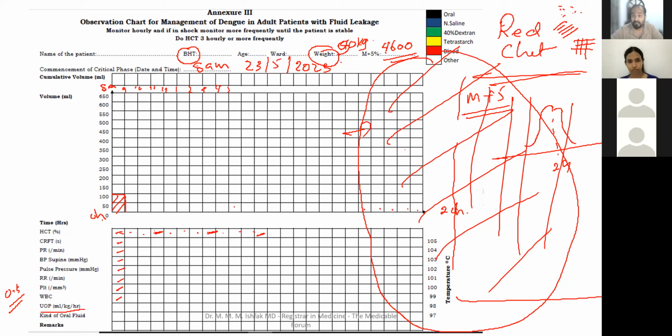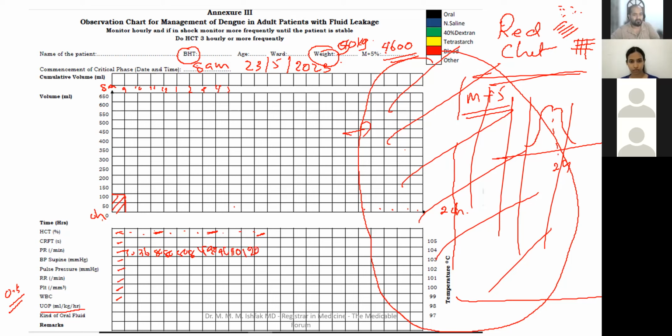Every hour the vitals should be documented. So let's just imagine that the pulse rate here has been 70, 76, 80, 80, 80, 84, then 90, 96, 110, 120.